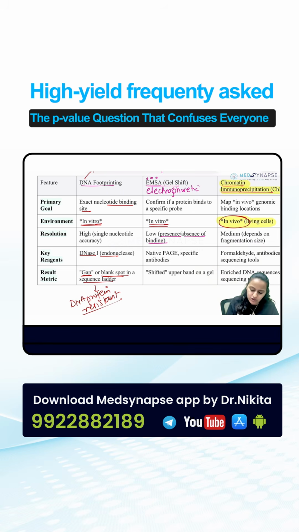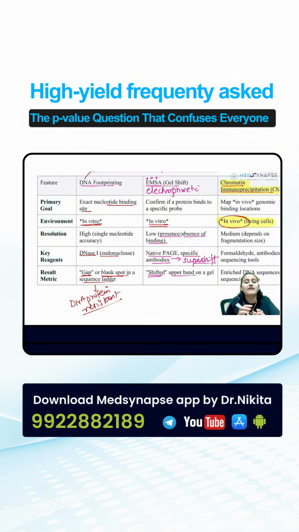The key reagents are the native PAGE and a specific antibody. When you add an antibody to the protein in the DNA-protein complex, that becomes a supershift assay. That becomes more specific. It definitely tells you that the slow movement is because of the protein binding, because the antibody will bind to the protein only. So there is a shift on the gel electrophoresis.